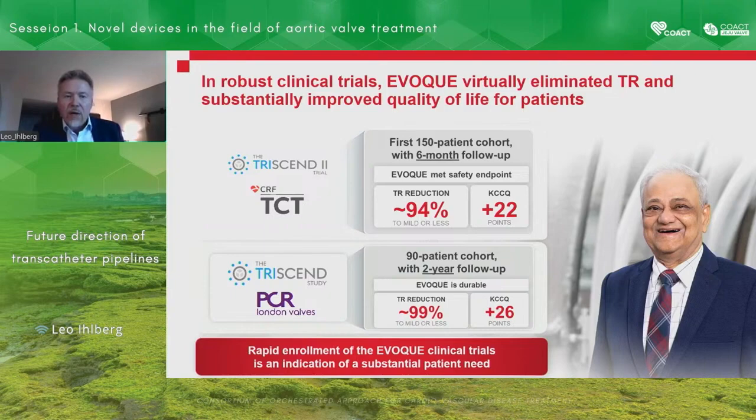We are currently waiting to show the full 400 patient cohort at 1 year results at the upcoming TCT meeting in October in Washington, DC. We also witnessed that when we did these trials, we were able to enroll the patients extremely rapidly, which is typically a good indication of a substantial patient need.